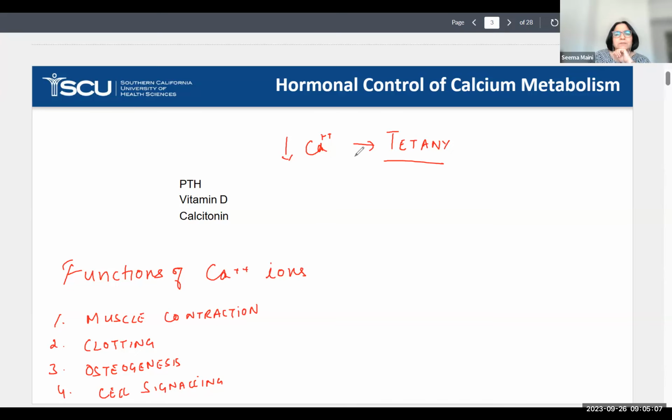We know calcium is required for muscle contraction, and if there is hypocalcemia, there should be muscle relaxation. So how do you think hypocalcemia causes tetany?